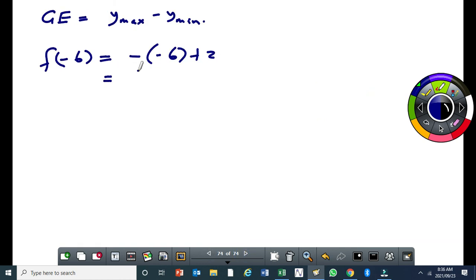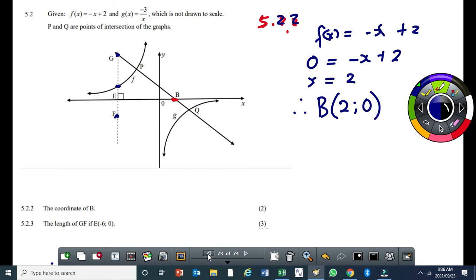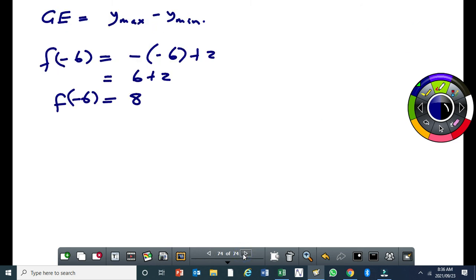Hmm, that will give me 6 plus 2, which equals 8. I'm trying to calculate the distance for G. So what are you finding out now? The value of Y at G. The value of Y at E is 0, because point E is along the x-axis. Then I now have the Y value at G.